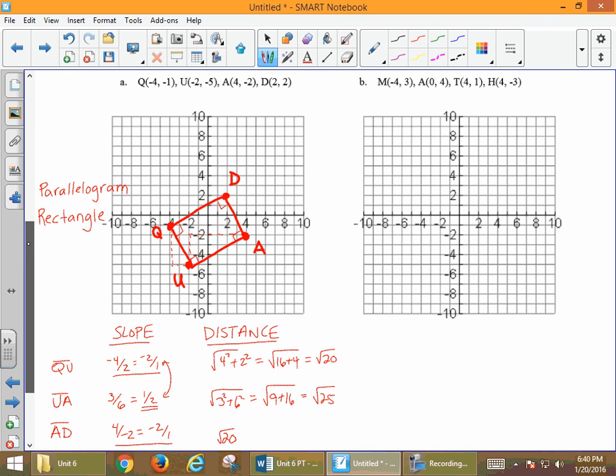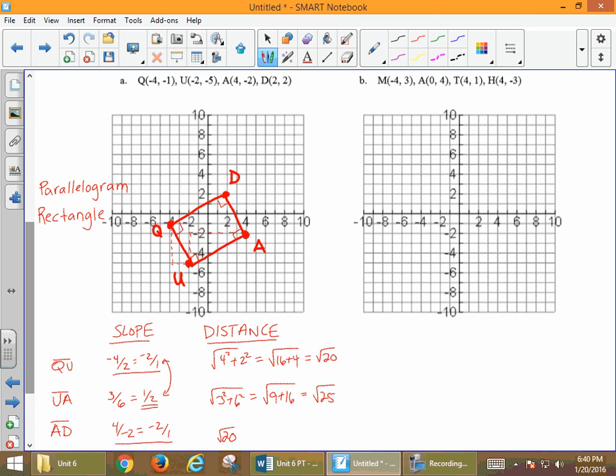Moving on to B. Let's plot the points first. M, A, T, H. We're just looking at these points.